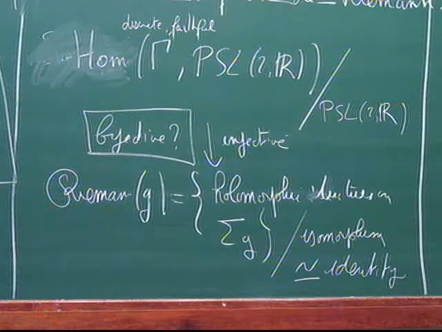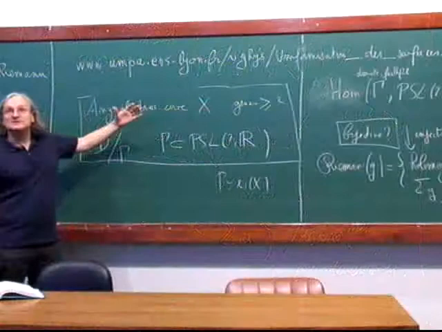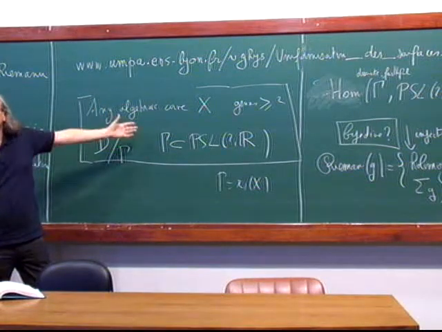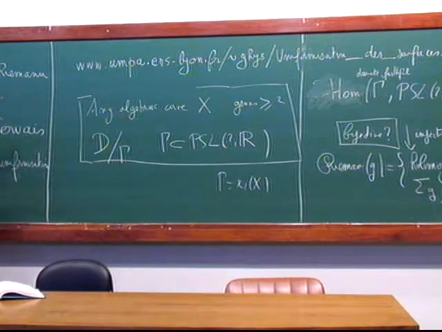Now, I just realized that if I want to give all details, it would take me maybe 5 or 6 classes. So I have no time, because really next Wednesday, I want to say at least something about the general case of uniformization when the Riemann surface you want to uniformize is non-compact, because that's important also.